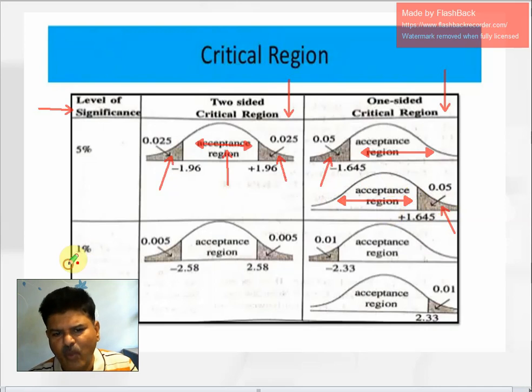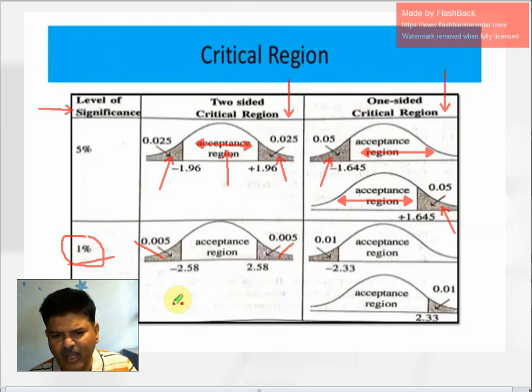Now as far as 1% level of significance and the two-tailed test are concerned, we have to take both sided areas and divide this level of significance by 2. That means this is taken as 0.005 and this is taken as 0.005, because half of 1% is 0.5%.